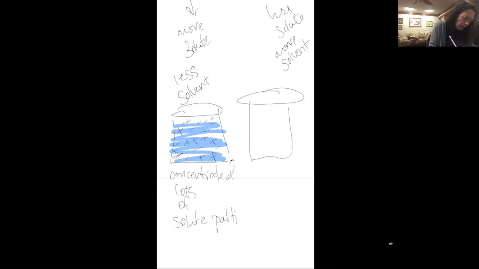And it's always per volume of solution, right? You could have a lot of particles, but if the volume is huge, then you're not concentrated. But here we'll have the same volume of solution, and here we would have just a few solute particles.